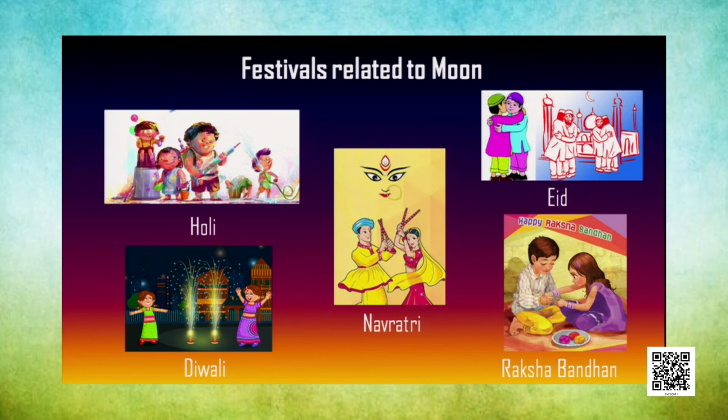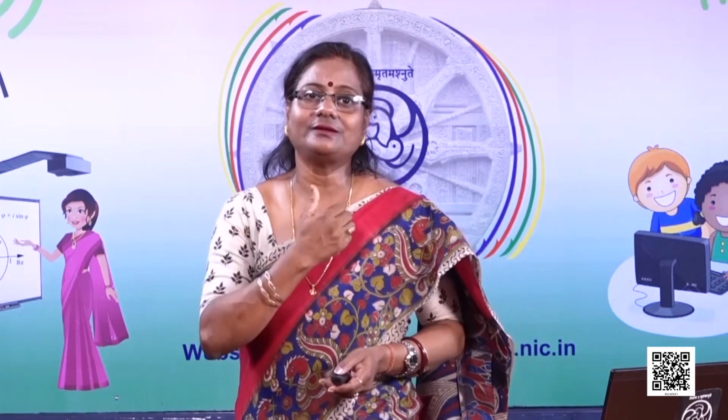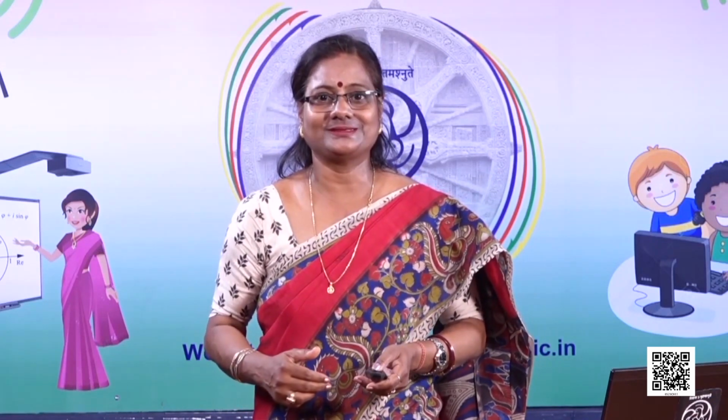Raksha Bandhan is celebrated on Purnima, that is Rakhi Purnima. Even Navaratri, the 9 days people celebrate during Durga Puja, from the first day after Amavasya to 9th day they celebrate. And you can find many other festivals which are related to moon. You can talk to your parents, you can talk to your grandparents who will help you to know about this.